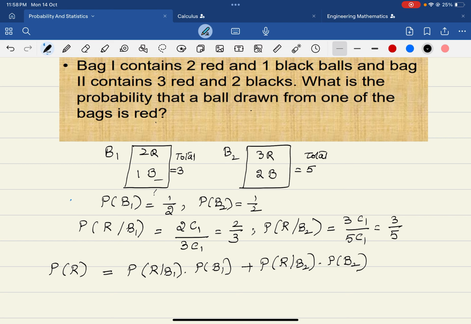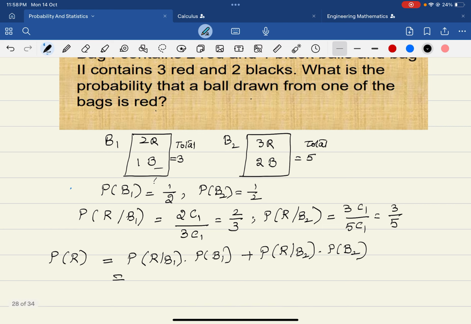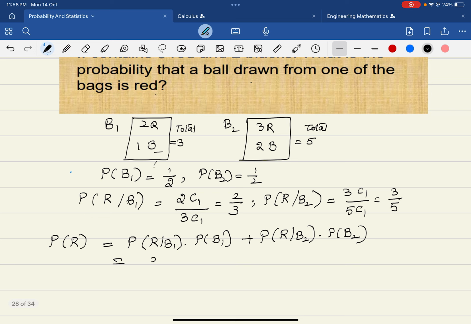So by this you should understand that it is the total probability. P of R given B1 is 2 by 3, P of B1 is 1 by 2, plus P of R given B2 is 3 by 5, and P of B2 is 1 by 2. So this is 1 by 3 plus 3 over 10.